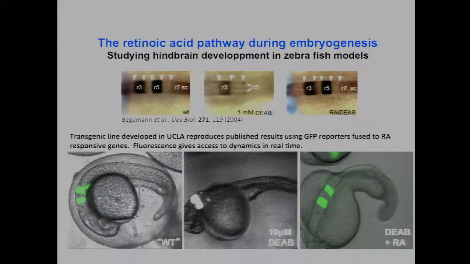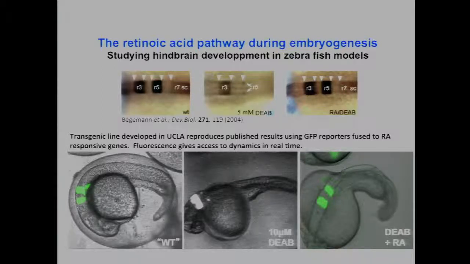You see rhombomere 3 and rhombomere 5. This is done by fluorescence in situ hybridization after sacrificing the animal. If you block the synthesis of retinoic acid with a drug, you don't get normal development. You get only one rhombomere developed. But you can rescue this phenotype by adding retinoic acid from the outside, and this is shown here.